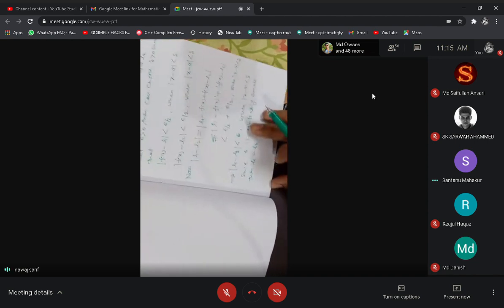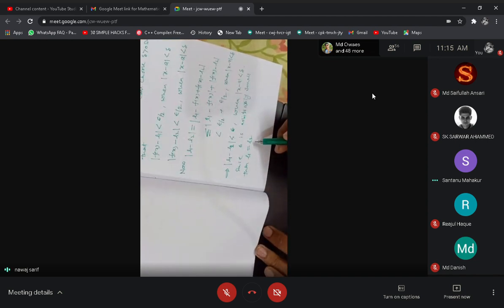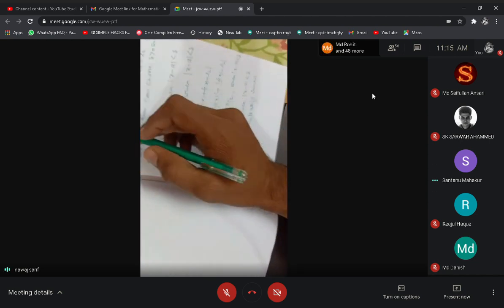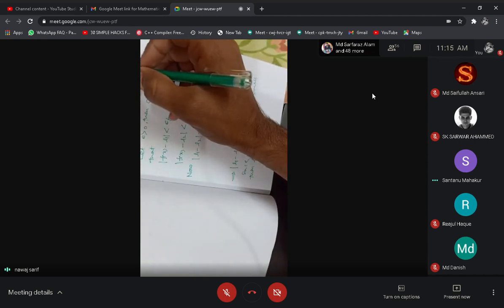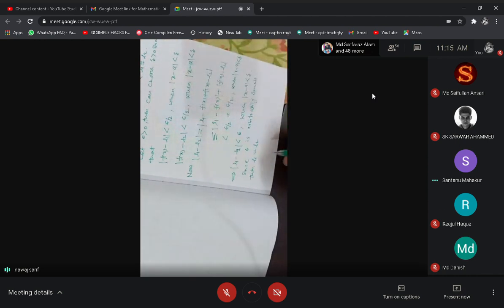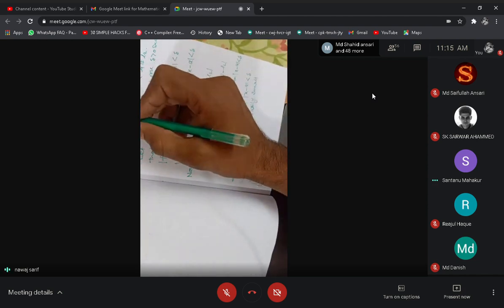Okay, but we have proved that L1 equal to L2. That means our assumption is wrong. What we have assumed? We have assumed that L1 is not equal to L2 and the limit of this function is not unique. But we have shown that L1 is equal to L2. That means our assumption is wrong here.